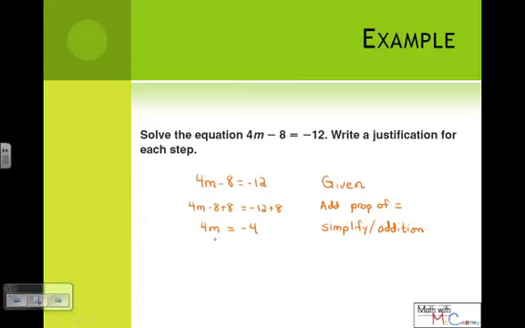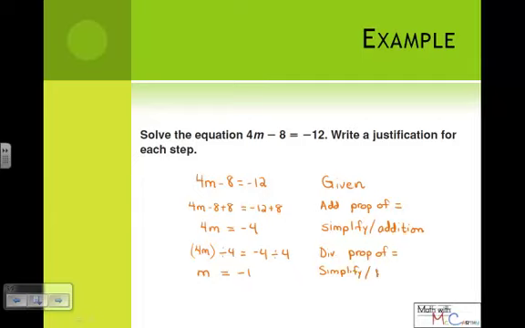Then we might want to divide both sides by 4. So 4m divided by 4 and negative 4 divided by 4. And that's the division property of equality that allows us to do that. So we have m equals negative 1, which is just simplification.